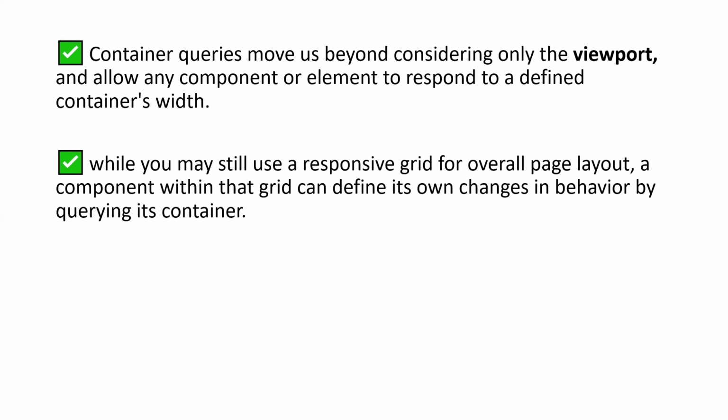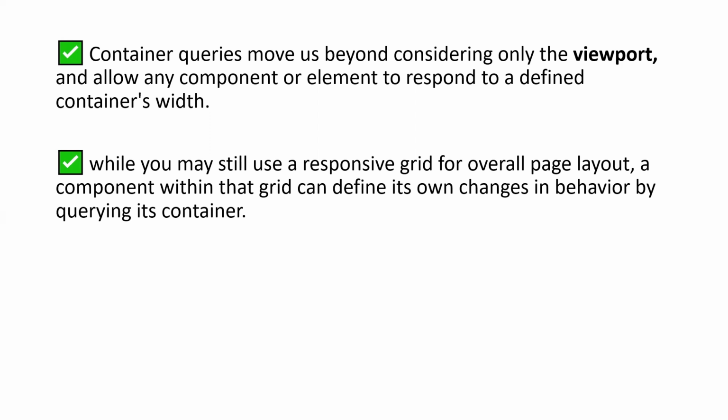If you are used to positioning elements already, you should kind of get this scenario I'm trying to paint. That is the same thing that is happening with container queries. Instead of referencing the viewport, we can now reference the container width. So while you may still use a responsive grid for overall page layout, a component within that grid can define its own changes in behavior by querying its container.